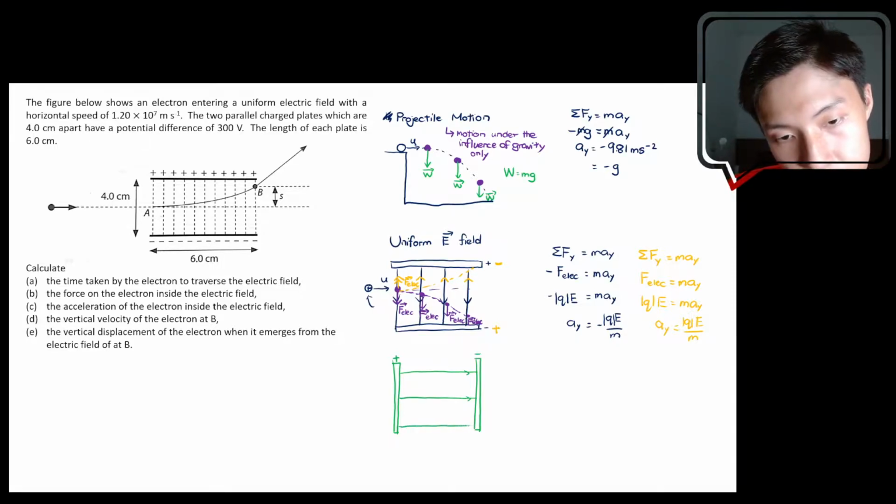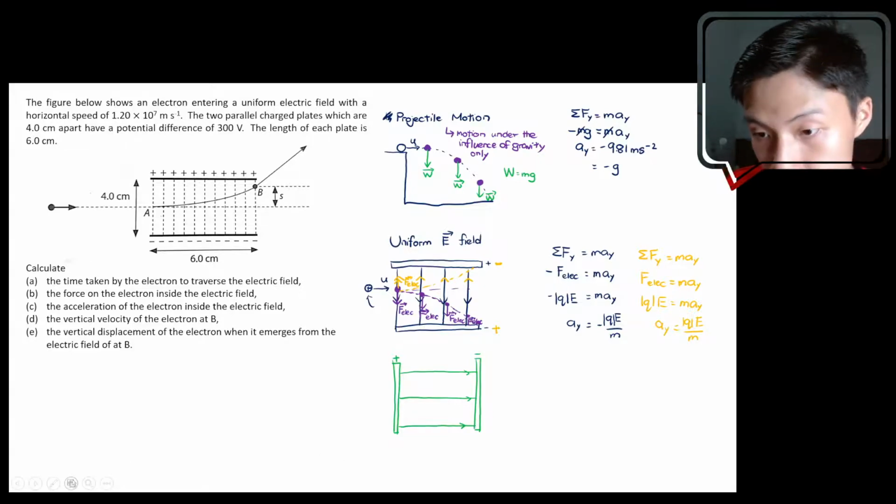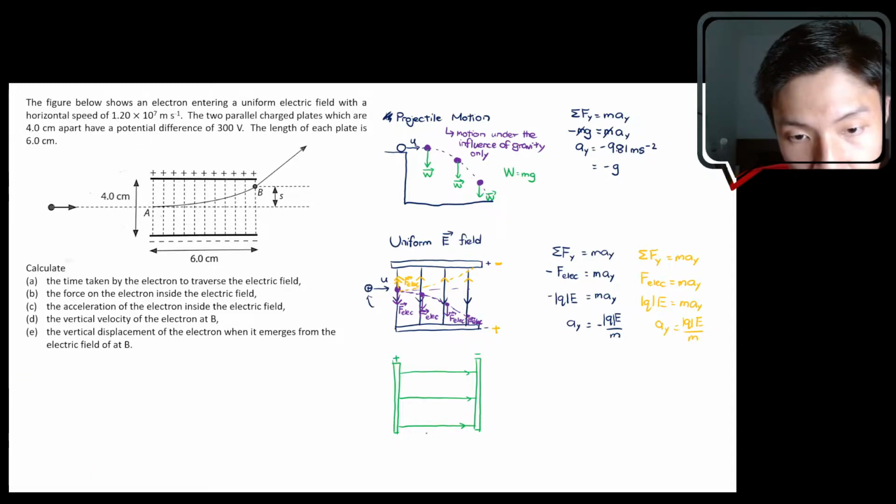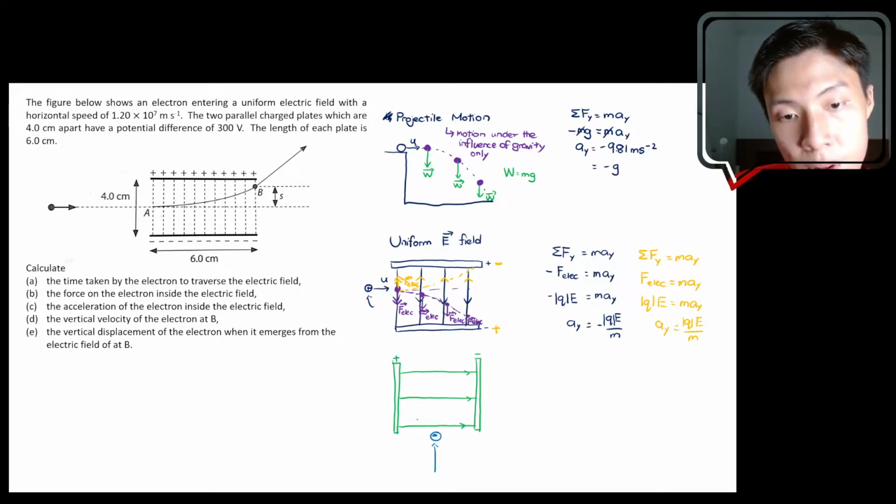In that case, if you are sending a negative charge into the uniform electric field, then you get attracted to the positive plate.